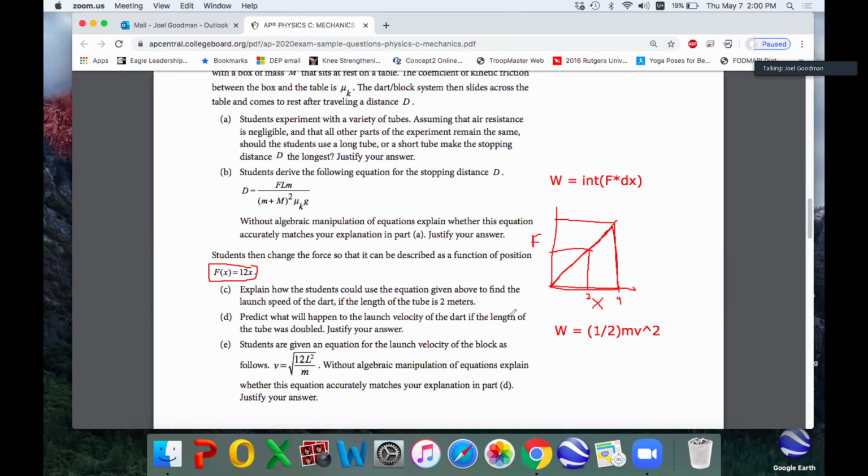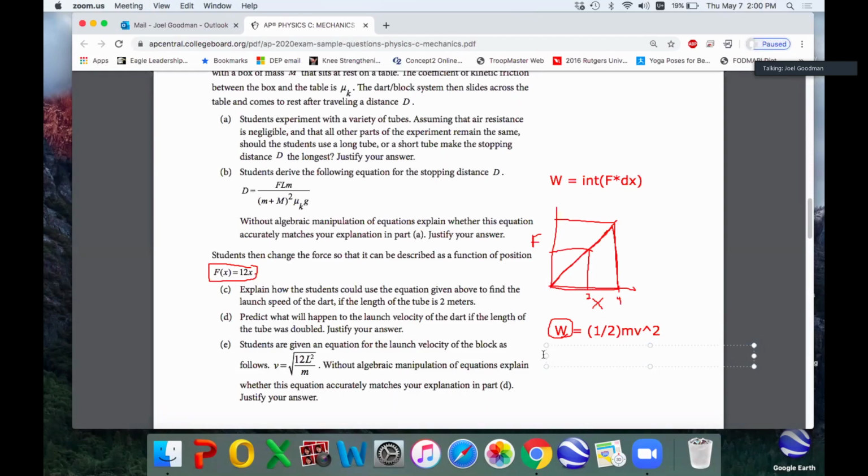So my initial reaction was, well, if it's quadrupled, then my velocity is going to be quadrupled. But is that true? No, because if the work quadruples, this is a squared function, isn't it? So it just doubles. That's right.